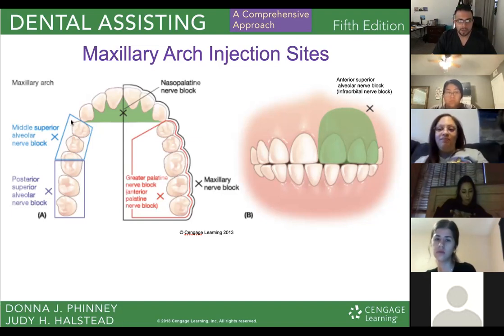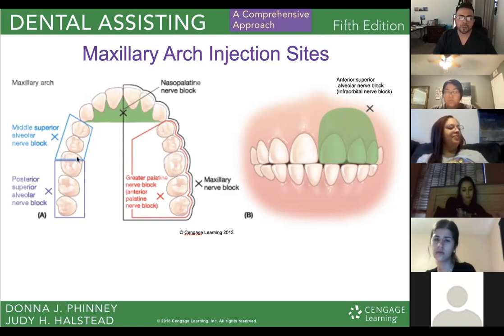The next one is the middle superior alveolar nerve block, which is this bluish color here. This injection site is at the apex of the second premolar.